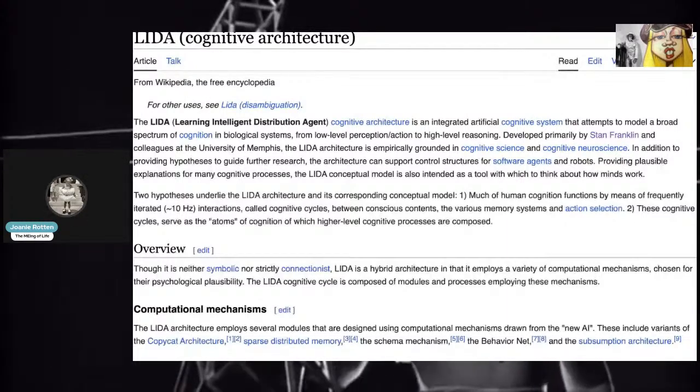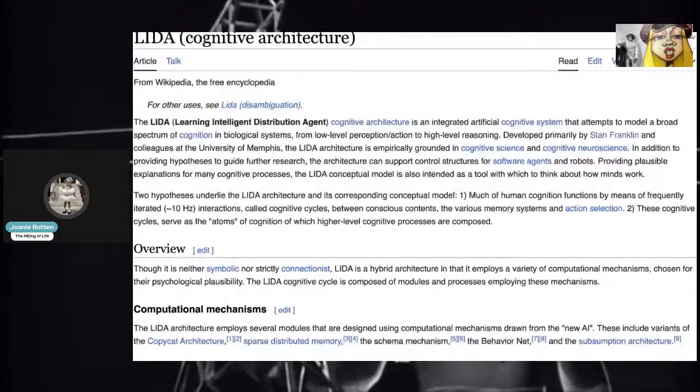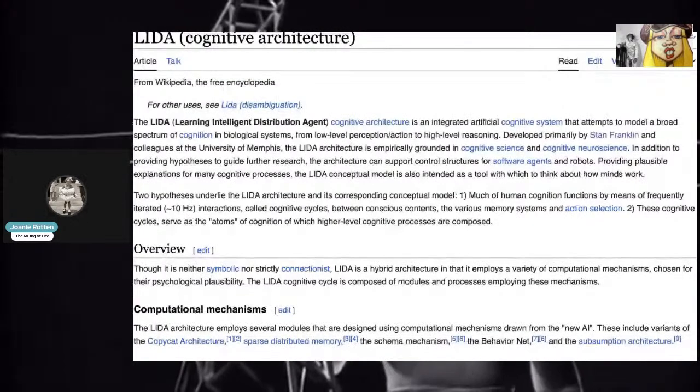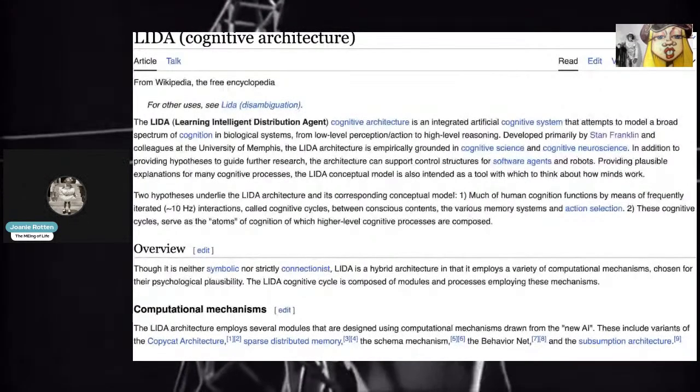In addition to providing hypotheses to guide further research, the architecture can support control structures for software agents and robots, providing plausible explanations for many cognitive processes. The LIDA conceptual model is also intended as a tool with which to think about how minds work.